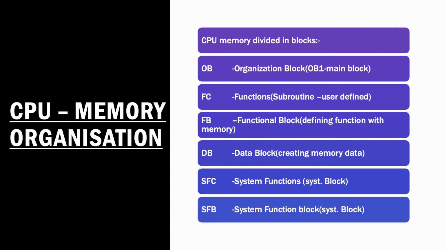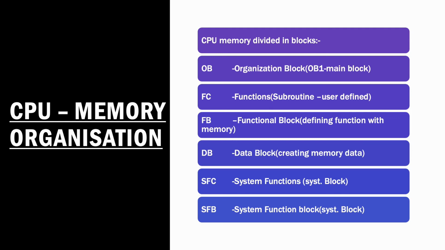FC is a function, also called a subroutine. FB, function blocks, are like add-on blocks. DB, data block, is for creating memory. We can create a data block and use memory like memory tags, word, double word, bit. SFC and SFB are predefined system function blocks. These function blocks we can use in the logic design.